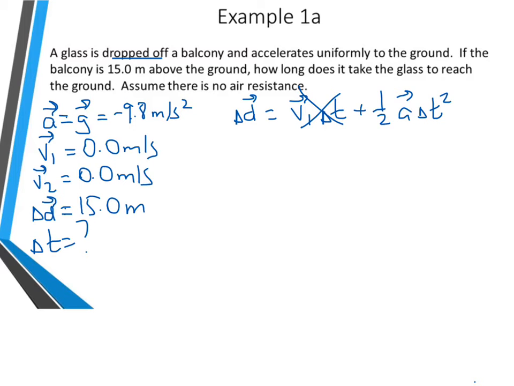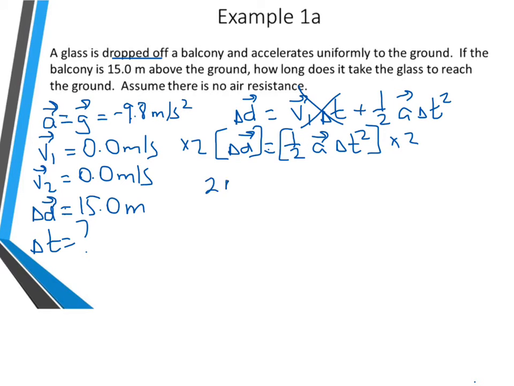It just makes rearranging this a whole lot easier. So I've got this now. And what I'm going to do is multiply both sides by 2 to get rid of the fraction because nobody likes fractions.